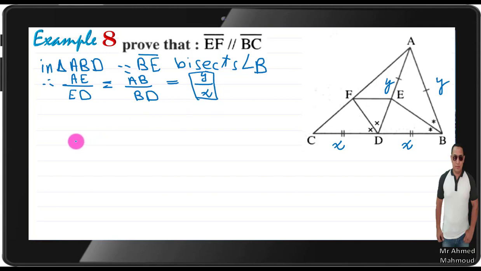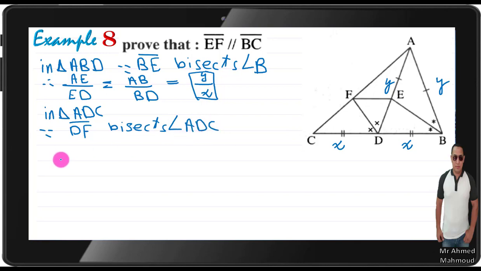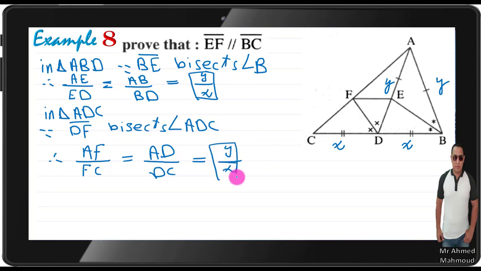Okay, and in triangle ADC, since DF bisects angle ADC also internally, therefore AF over FC equals AD over DC equals also Y over X, because this is Y and this is X. This ratio AE over ED equals Y over X, AF over FC equals Y over X. I'm going to call this one equation 1, equation 2.